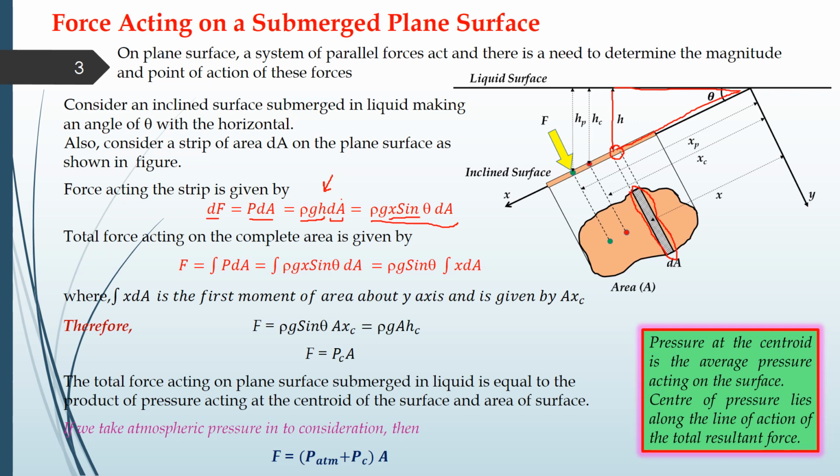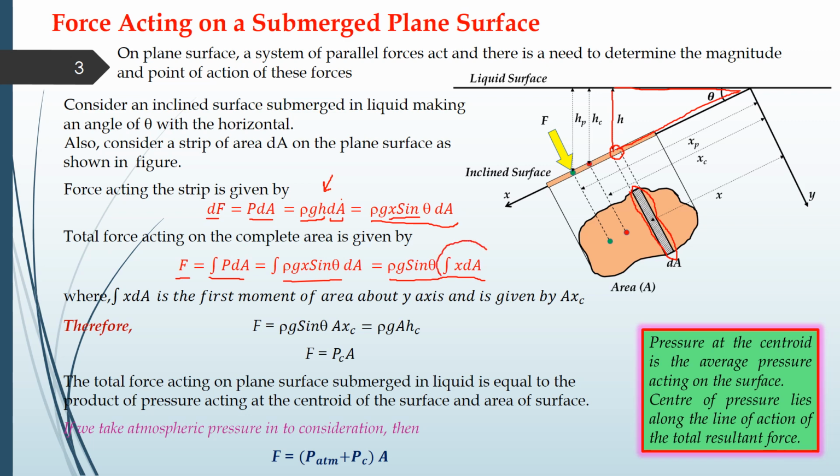In order to find the total force acting on this surface, as I've shown you in the top view, the total force will be given by the integral of the force on the small area dA. That is, F is equal to the integral of P dA. We put these values in and get the expression rho g sine theta times the integral of x dA.